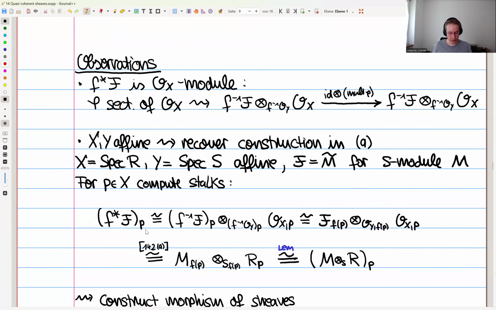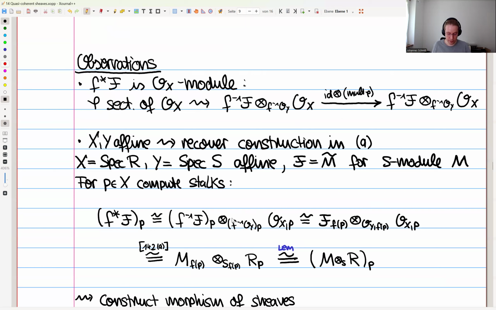Well, by definition, or somehow we have seen that the stalk of a tensor product is just obtained by the tensor product of the stalks. So we take the stalk here, stalk here, stalk here. This is just some property of tensor products. And then we mentioned the stalk of this inverse image sheaf of F at P is just the same as the stalk of F at this image point.